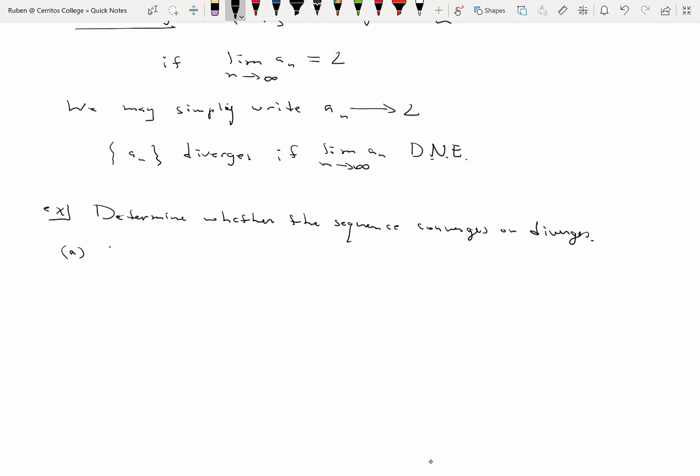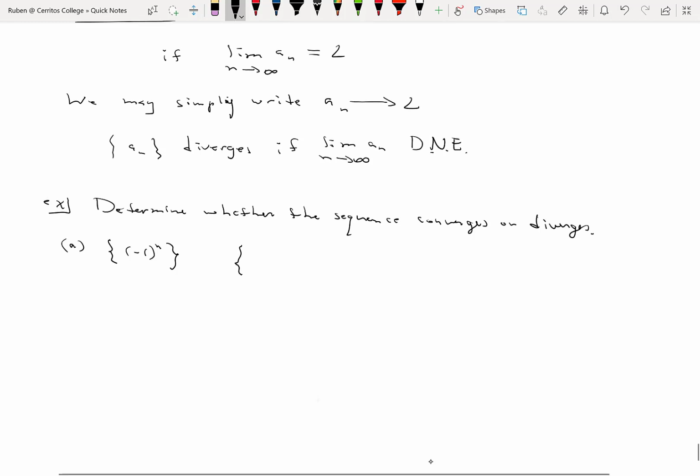So here's our first sequence in this example. Let's take a look at the sequence whose general term is -1 to the n. All right. Well, if you can't tell just by looking at the general term whether a sequence converges or diverges, look at the terms in the sequence in the different ways that we've looked at so far. You can write out the terms in the sequence.